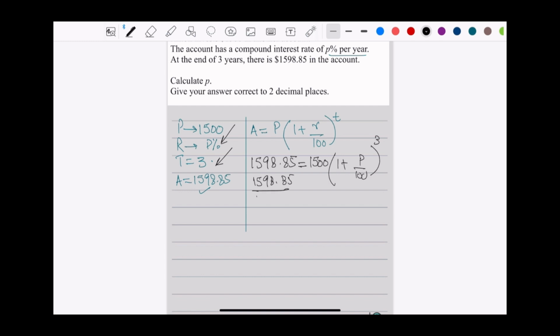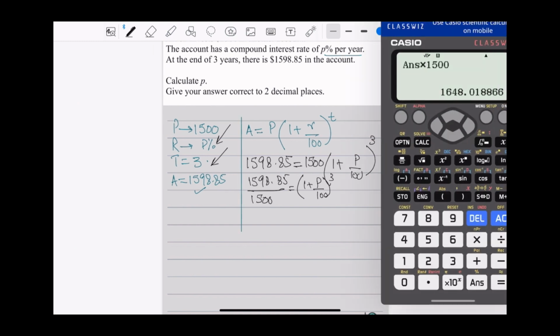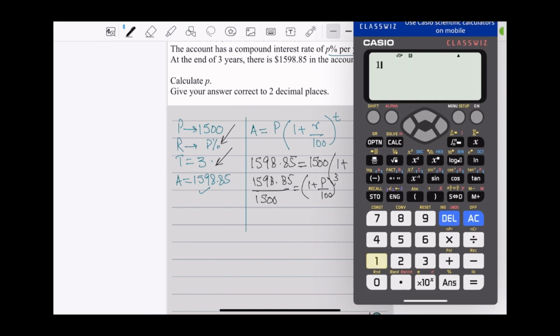So 1598.85 over 1500 equals (1 plus R over 100) to the power of 3. I divide that value by 1500 on both sides, so it becomes 1.066 equals (1 plus R over 100) to the power of 3.